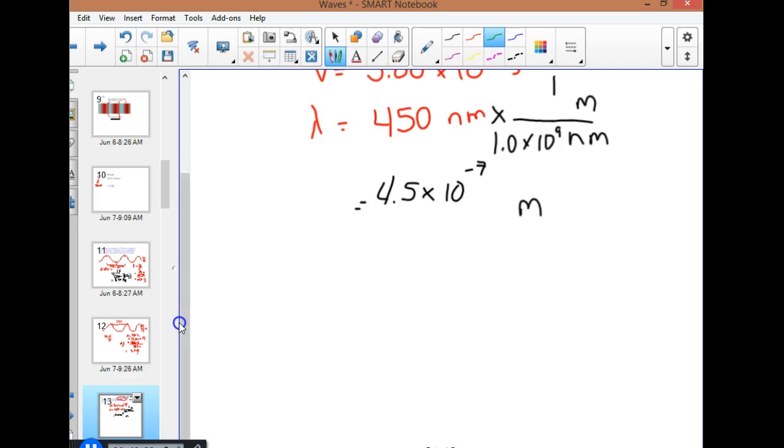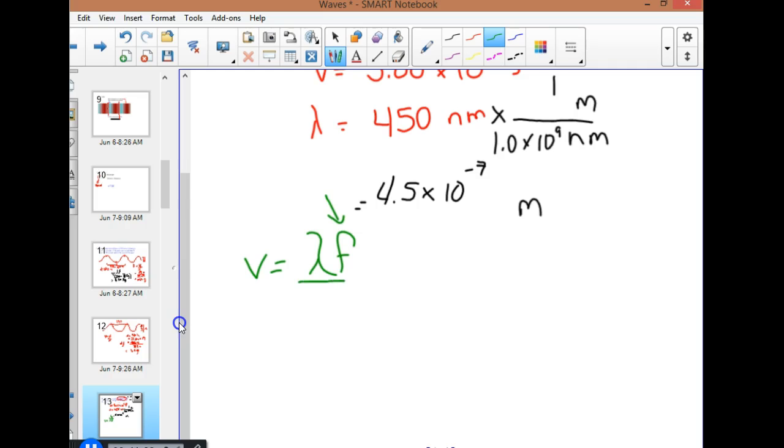V equals the wavelength times the frequency. We are solving for the frequency. If we are solving for F, what you might want to do is rearrange your equation. However, if you don't, that's fine.